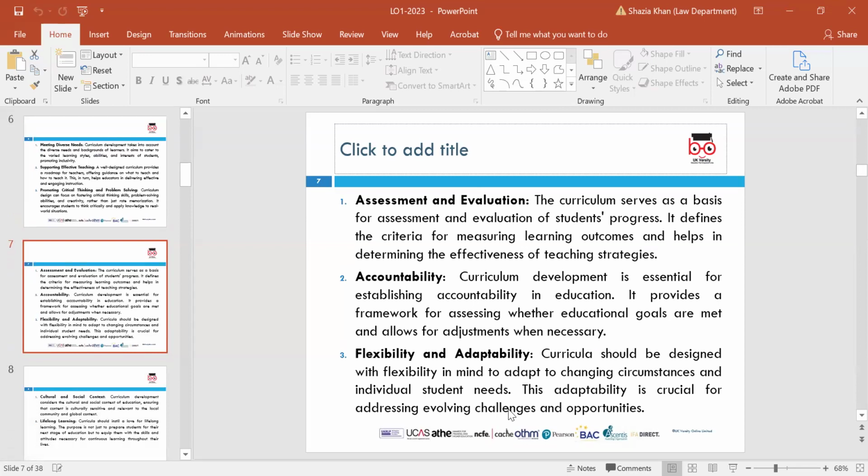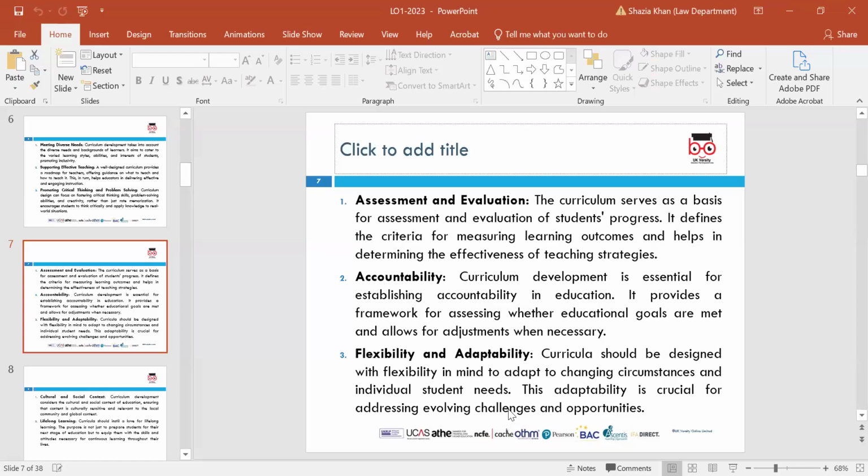Also assessment and evaluation. So the curriculum serves as a basis for assessment and evaluation of student progress. So it defines the criteria for measuring, so what learning outcomes they need, what helps them with the teaching strategies, how they are going to adapt to this, completing this criteria for measuring that learning outcome. Accountability. Curriculum development is essential for establishing accountability.